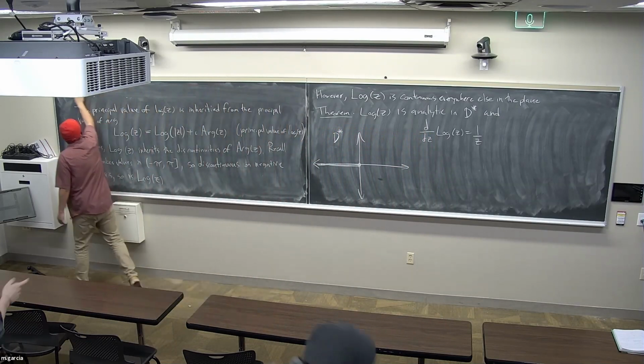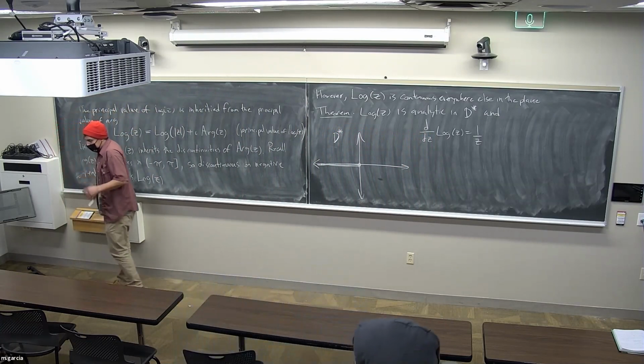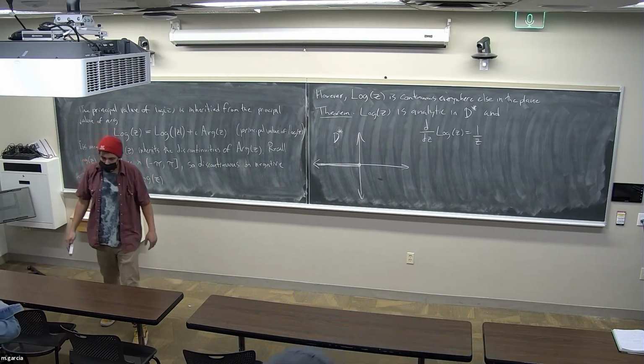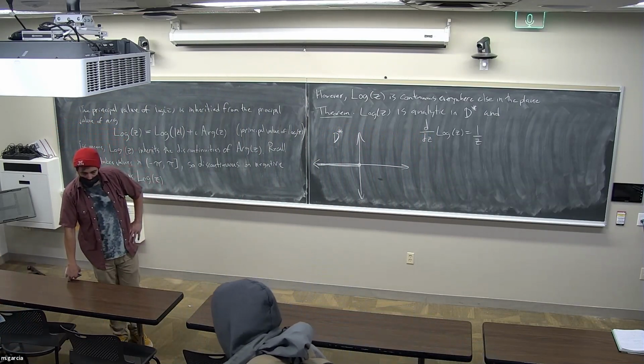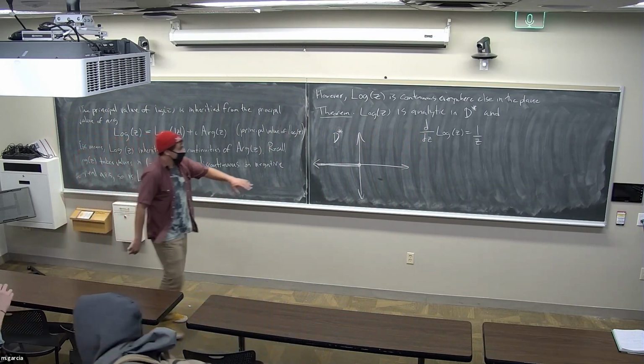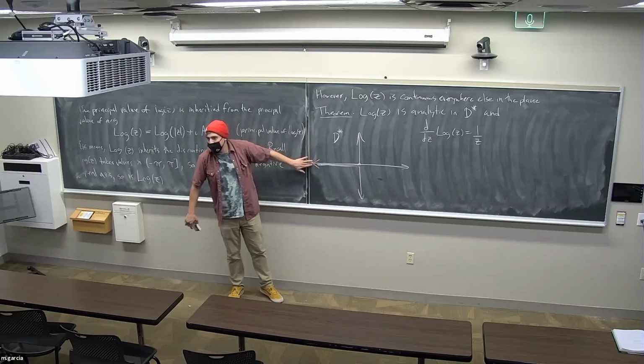So would D star be C minus, or C cut, the set of all numbers with real value less than 0 and imaginary value 0? Yeah, that's exactly right. I'm just excluding this entire ray that stems from here.